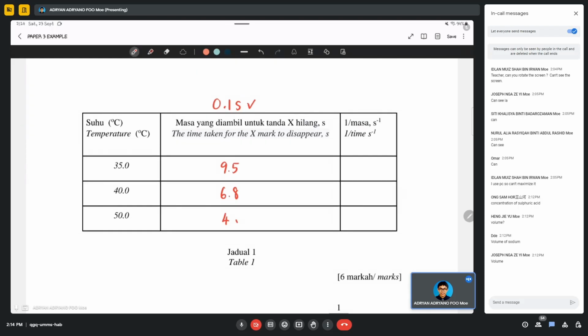If you write 4 only, you won't get mark for your result. Because I know that the smallest interval is 0.1. So I must at least write 4.0. But here we use 4.6.